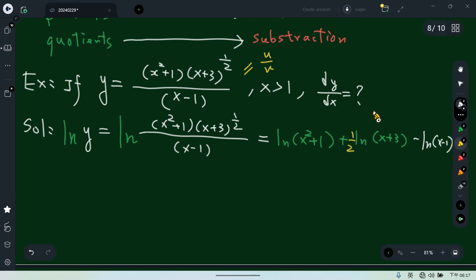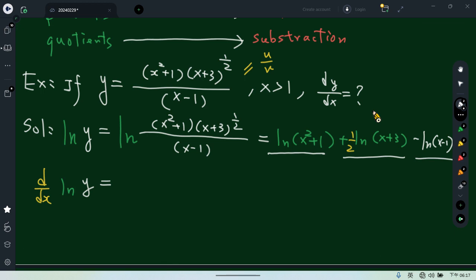So when you continue to differentiate it, you differentiate this one, this one, and this one. When you differentiate this one, what's the result? 1 over (x squared plus 1) times, don't forget, 2x. Then here, 1/2 times 1 over (x plus 3) times 1.